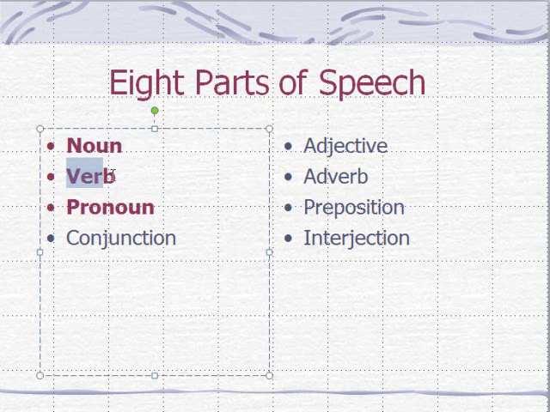We know that verbs show action or doing or what something is. And we know that pronouns substitute for nouns and have to substitute depending on the job the noun does. Hope this helps, and I'm going to see you in part 2.